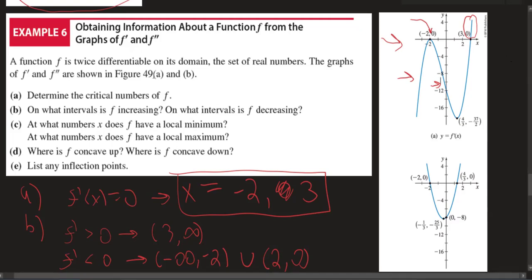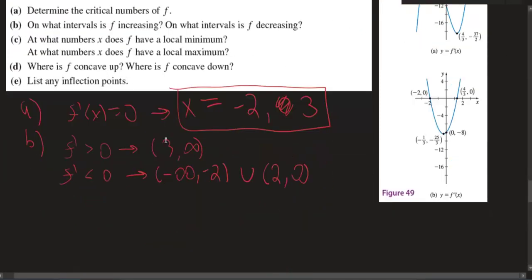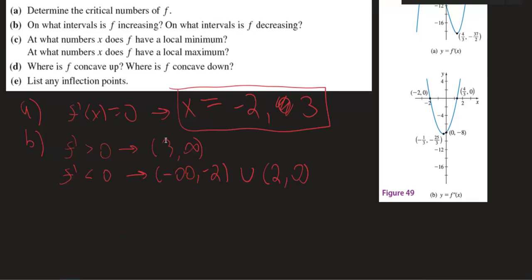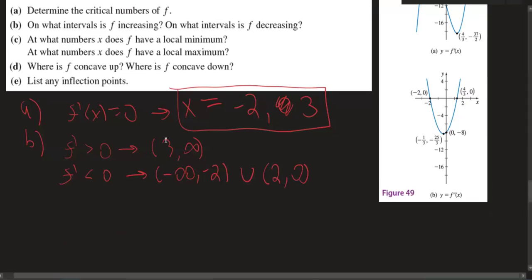So now how do we actually write our interval? Because the original function is continuous for all real numbers, we can just summarize by saying f is increasing on the interval [3, infinity), a closed interval, and it's decreasing on the interval (-infinity, 3].